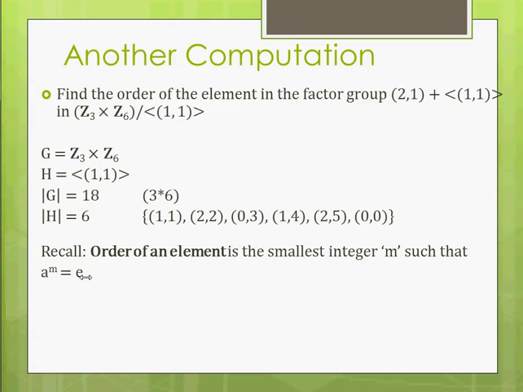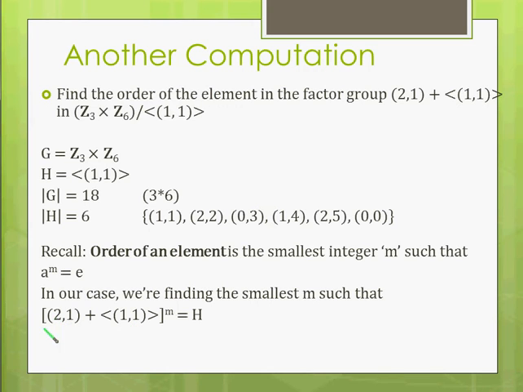Like, for example, 3 in Z12 is order 4, because 3 plus 3 plus 3 plus 3 is 0, which is the identity in Z12. But here we're talking factor groups, so we're trying to find the smallest m such that we can take our element to be the identity in our factor group, which, remember, is the subgroup.